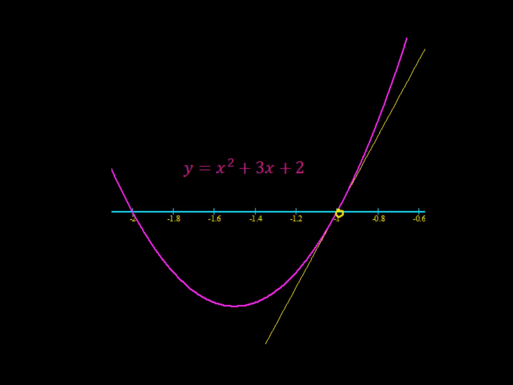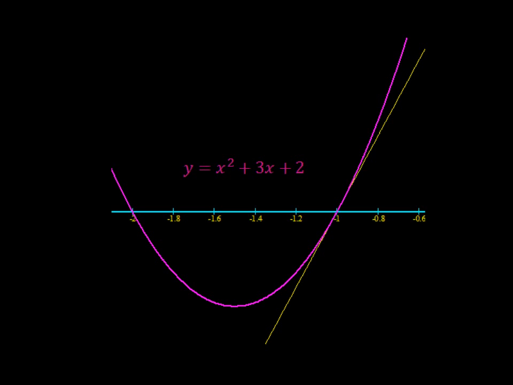And it builds a 90-degree angle with the part of the graph that it touches. So the derivative in this case for a particular place on the curve is this yellow line.